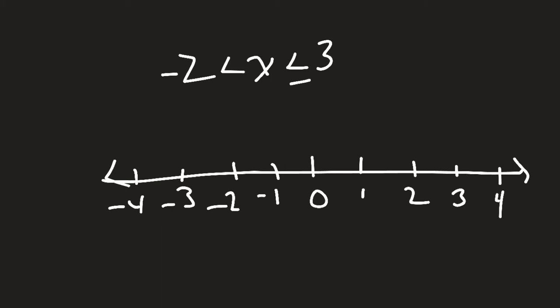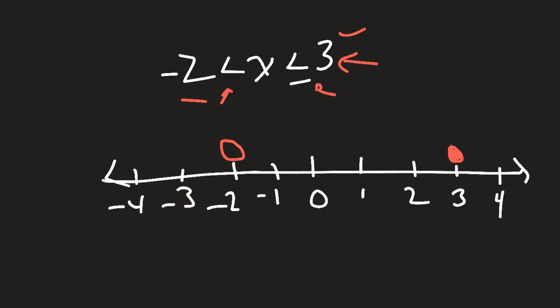Perfect. So the first thing we're going to do is look at 3 first. I'll draw my circle. Is it a filled in or open circle? Well, it's equal to, so I fill it in. So that's our upper bound done. Now we'll look at our lower bound. We'll again draw a circle at -2, and we keep it as an open circle because it's just a greater than symbol.